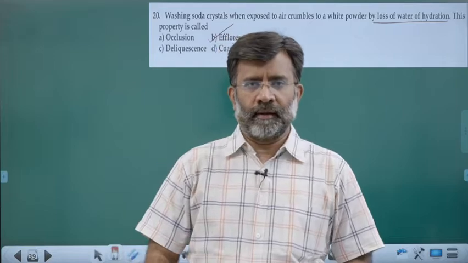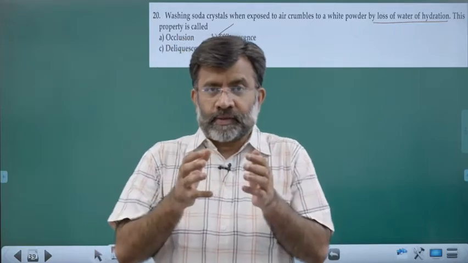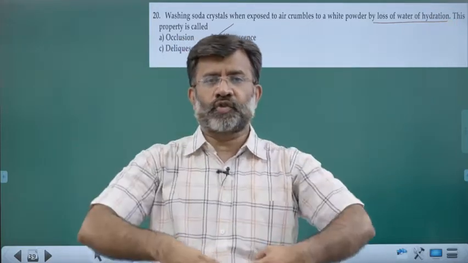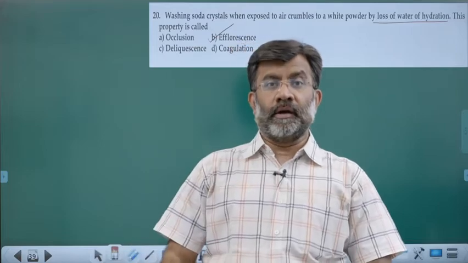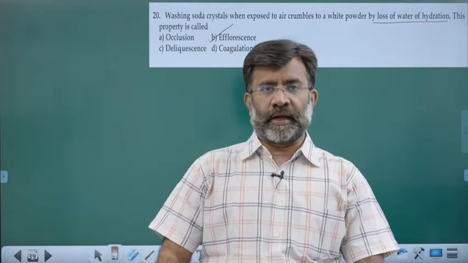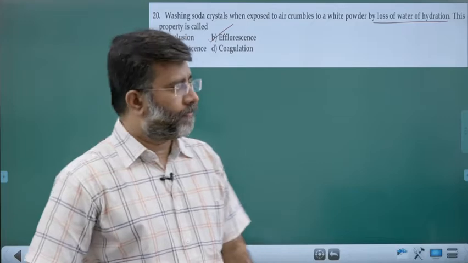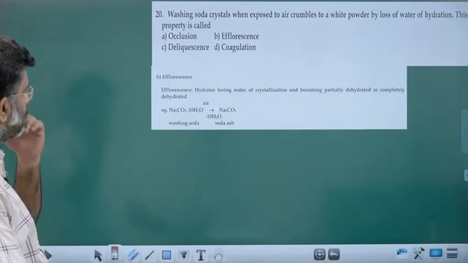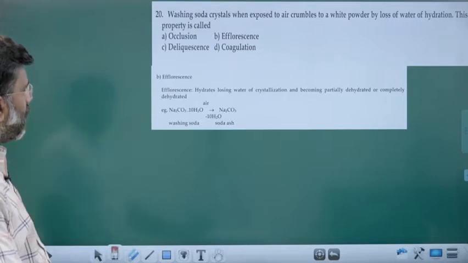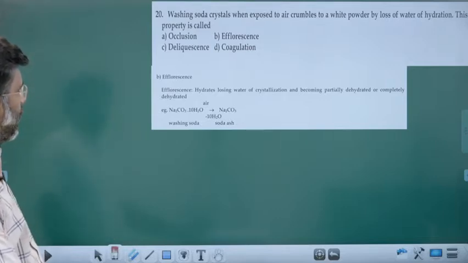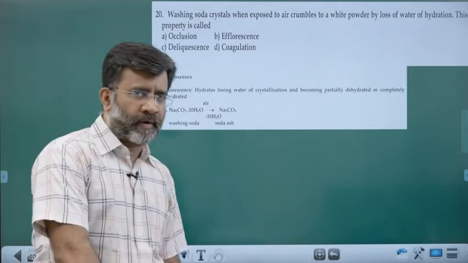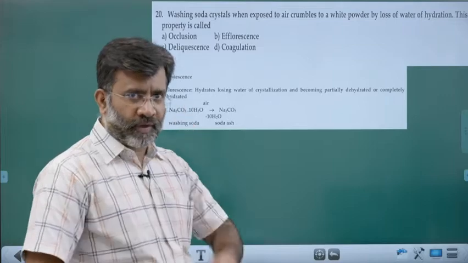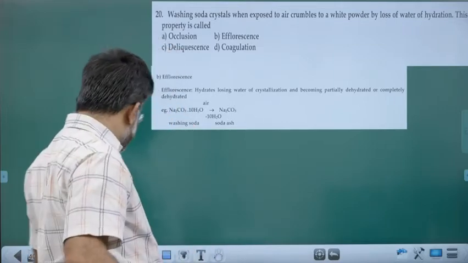While an anhydrous crystal absorbing moisture from air is called deliquescent. Hydrates losing water of crystallization and becoming partially or completely dehydrated is called efflorescence. Okay. Next.